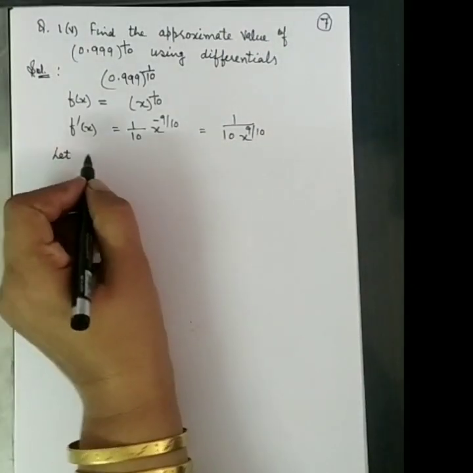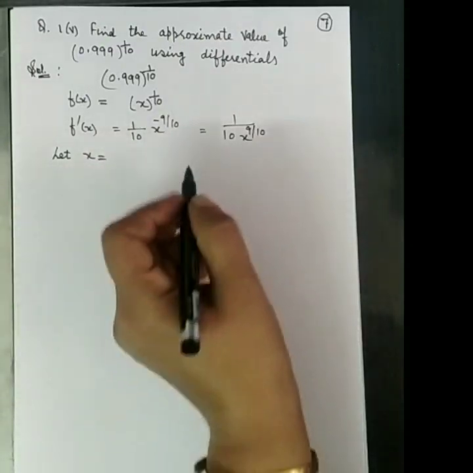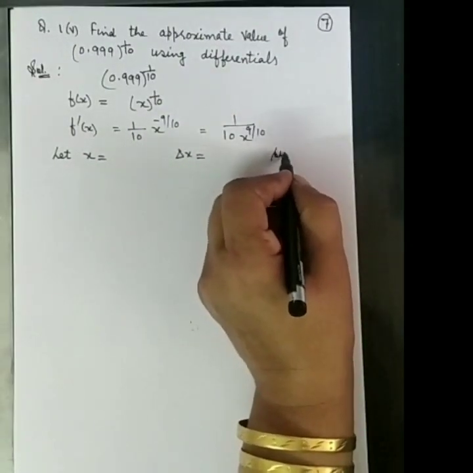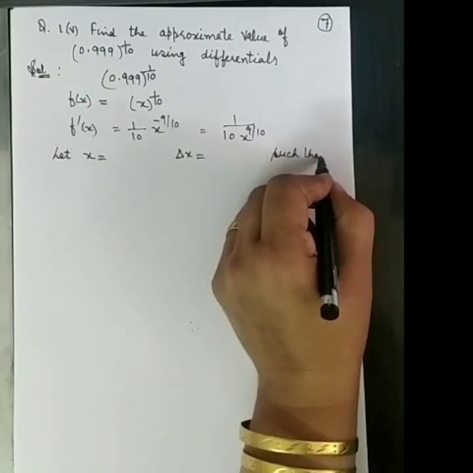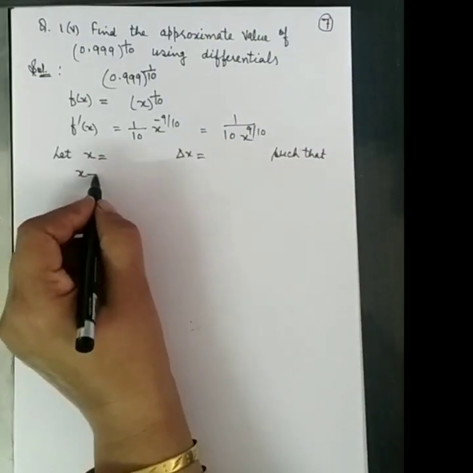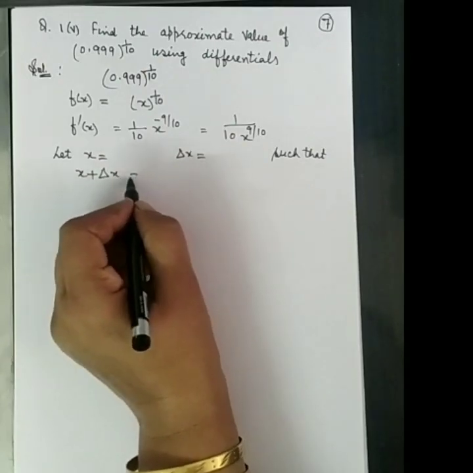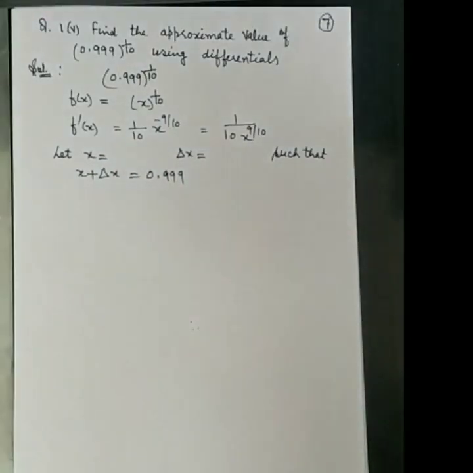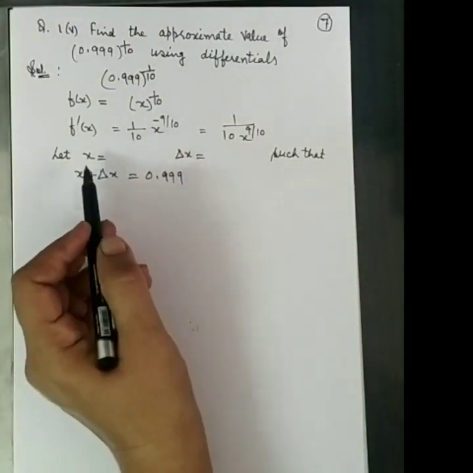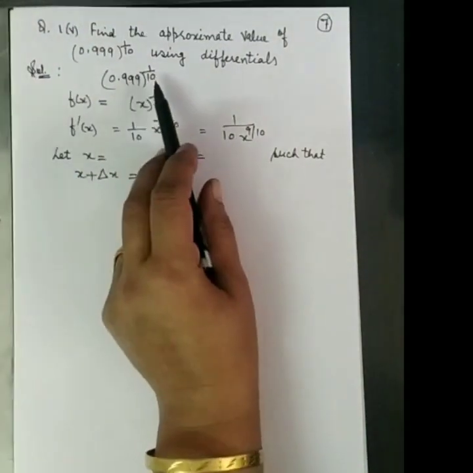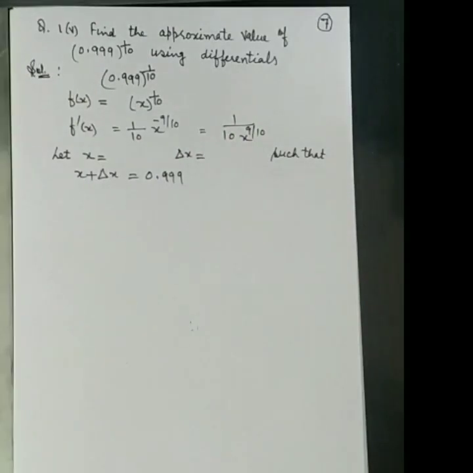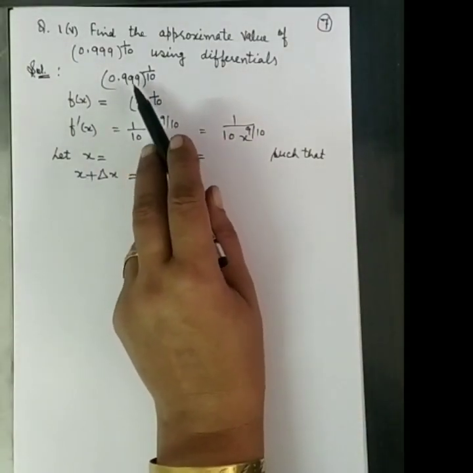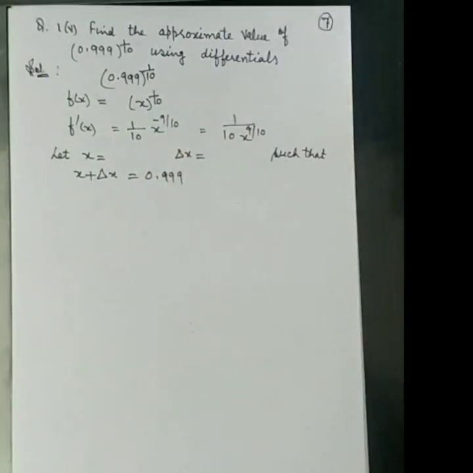Let x is equal to, now choose delta x such that x plus delta x will be 0.999. So children, just think the number whose 10th root you can calculate orally, and that should be near to the 0.999 also.